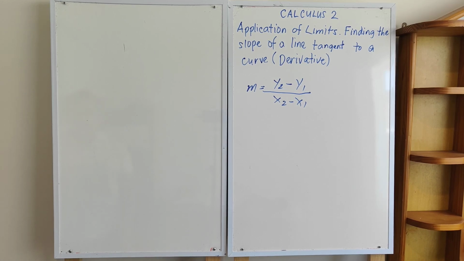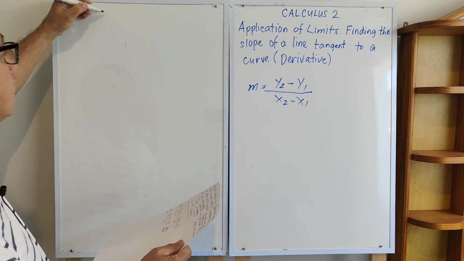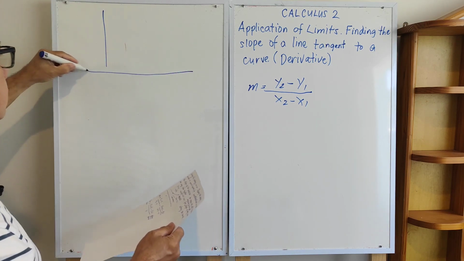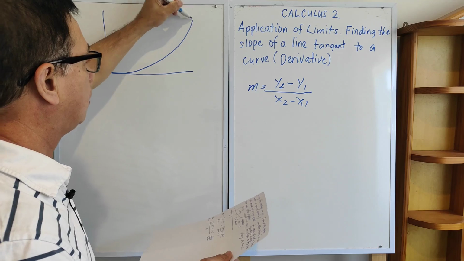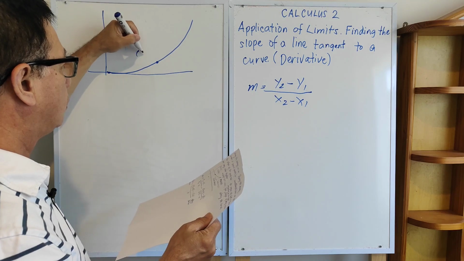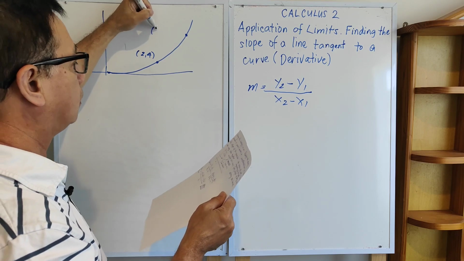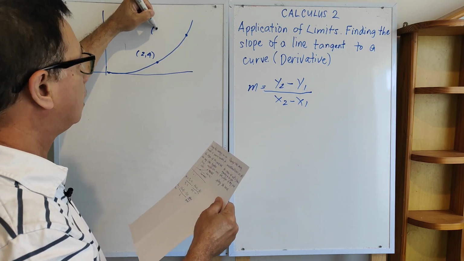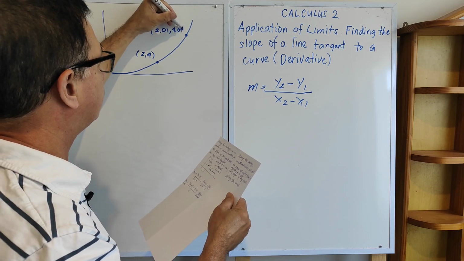Using the analogy that we have just discussed, mathematicians are able to come up with a formula for computing the slope at any point along the curve. So I will just rewrite our curve and magnify at the same time. So this was our curve. Let's say this is 2, 4 earlier, and this is 2.01, 4.0401.